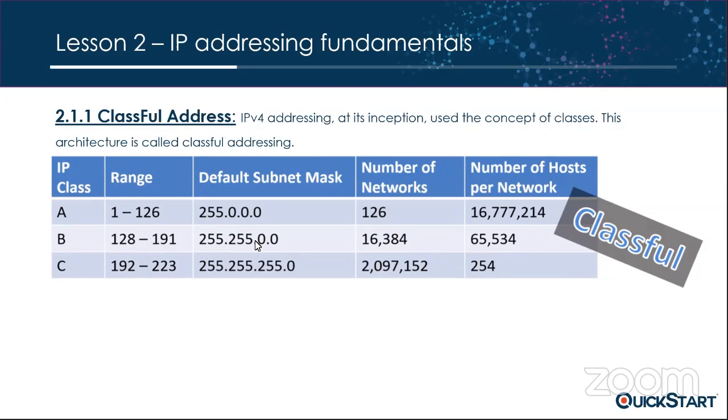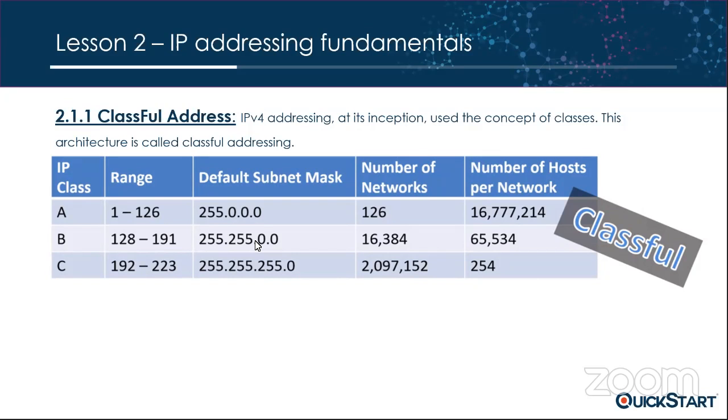The classful address has been defined by the IETF, the Internet Engineering Task Force, right? It distributes the IP networks into three classes, which are A, B, and C. The IP range is 1 to 126 for the A class, and the default subnet mask would be 255.0.0.0.